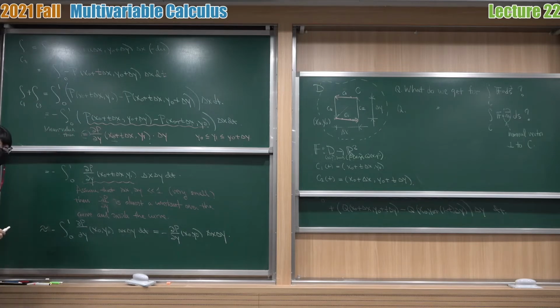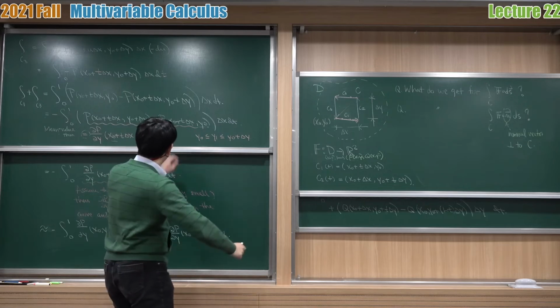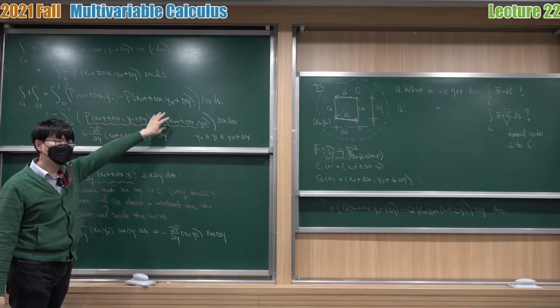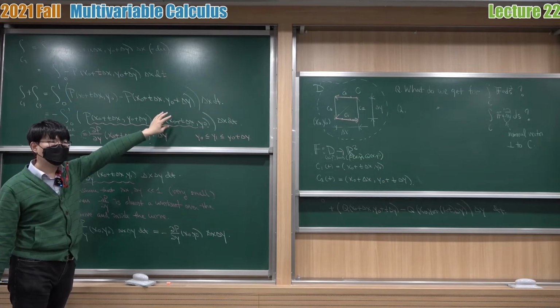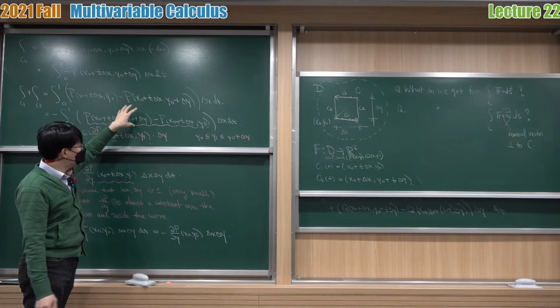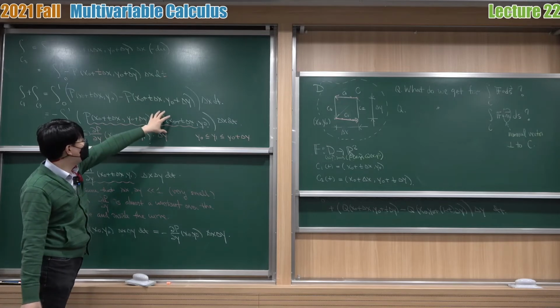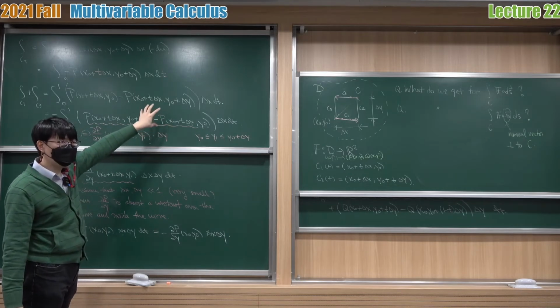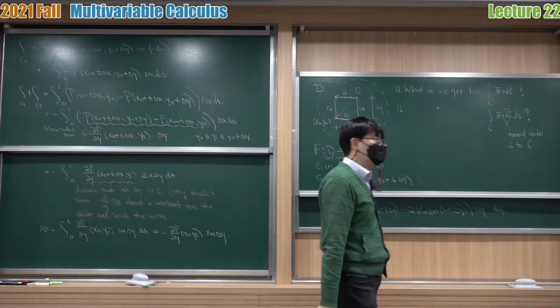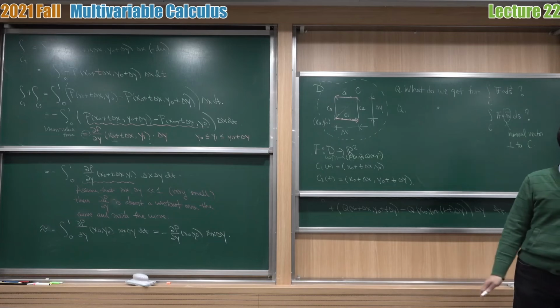Because we have fixed x, only changing y, we can think of this as a one variable function. If I divide that by delta y, it gives the average rate of change, and that average rate of change is the same as the instant rate of change at some point in the interval.